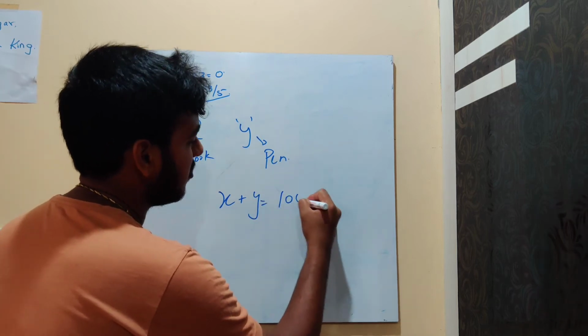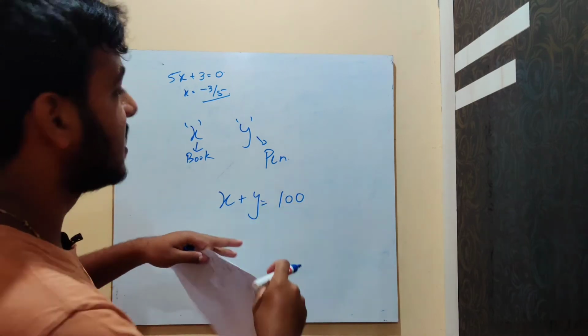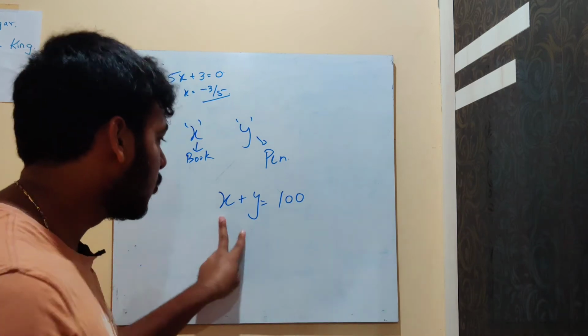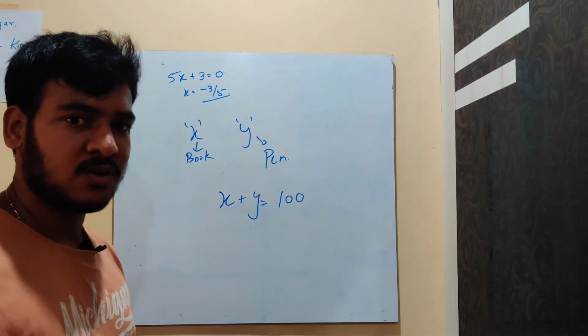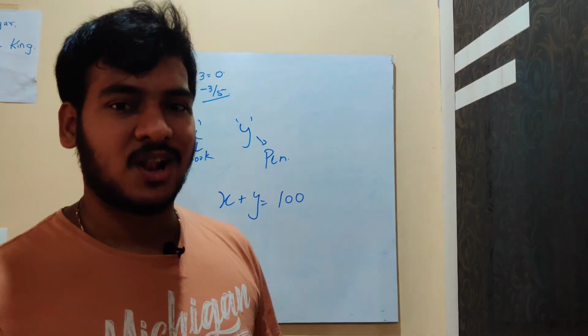They both add up to form 100. So this is a linear equation. This is a linear equation for one variable and this is the linear equation for two variables. I have the variables x and y over here. So this is an introduction to how a linear equation in two variables looks like.